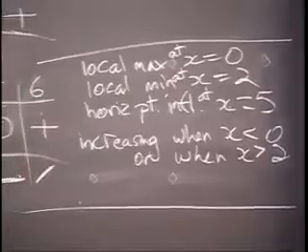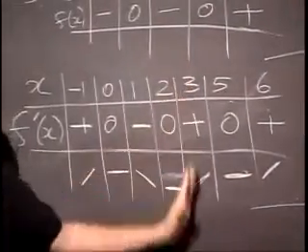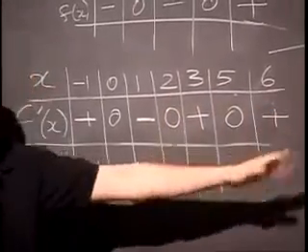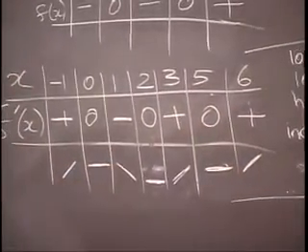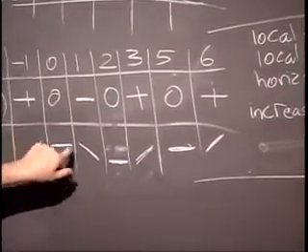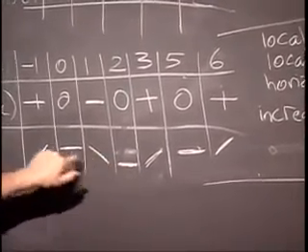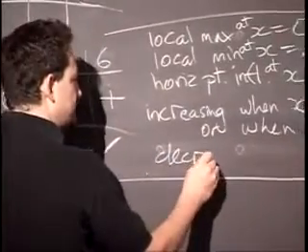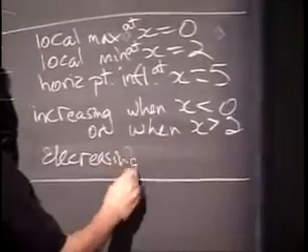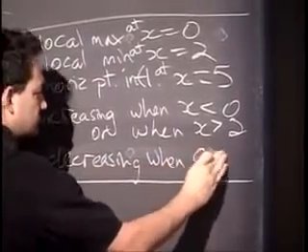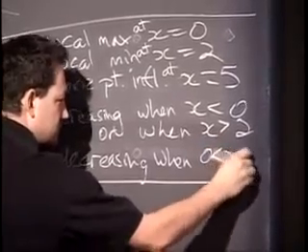Again, it's 2 that's important, not 3. 3 is just the sample point. 2 is where it stops being 0, and it's always positive after that, except for this moment at 5, which doesn't really count. On the other hand, between 0 and 2, that's the only place where the derivative is negative, so the function is decreasing when x is between 0 and 2.